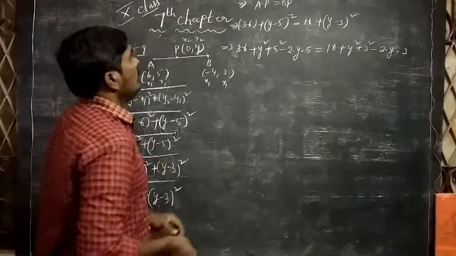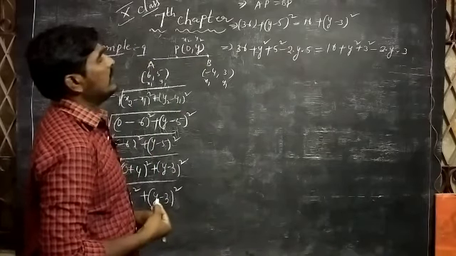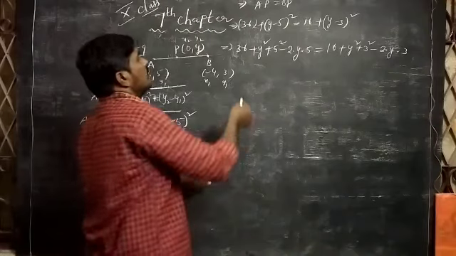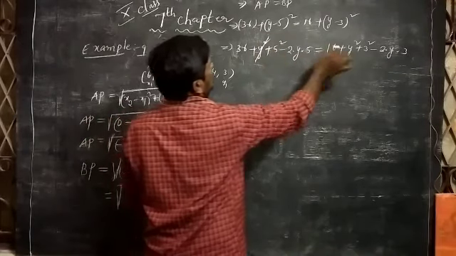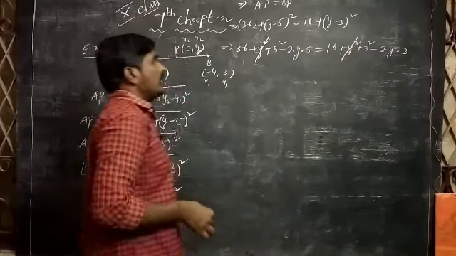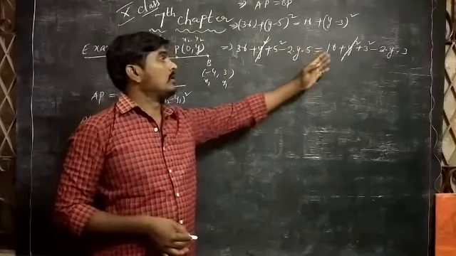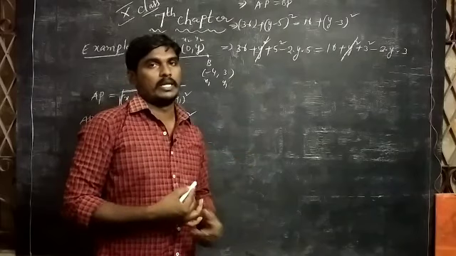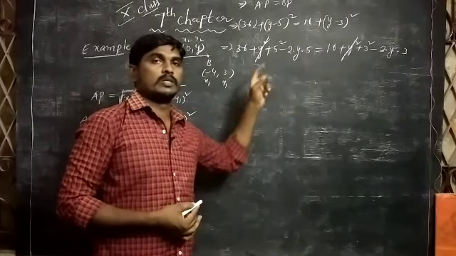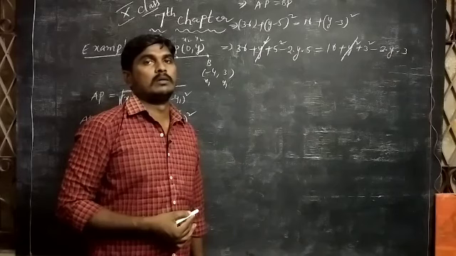Okay, now see, both sides have the same terms with the same sign. Left hand side plus y square, right hand side also plus y square, we can cancel. Or by transposing also we can cancel: plus y square becomes minus y square, then y square minus y square, 0 we will get.